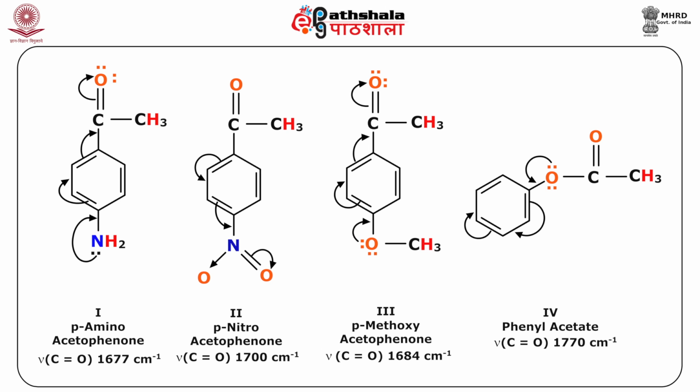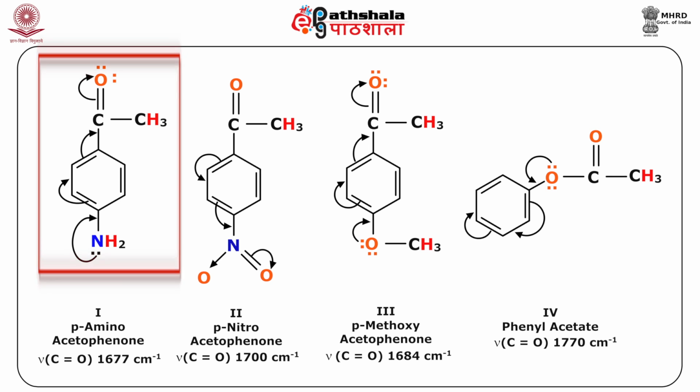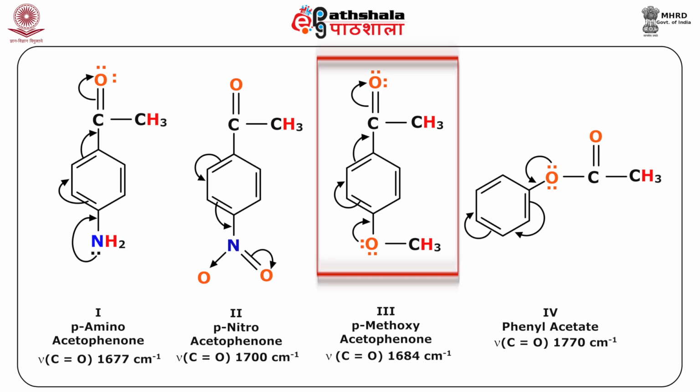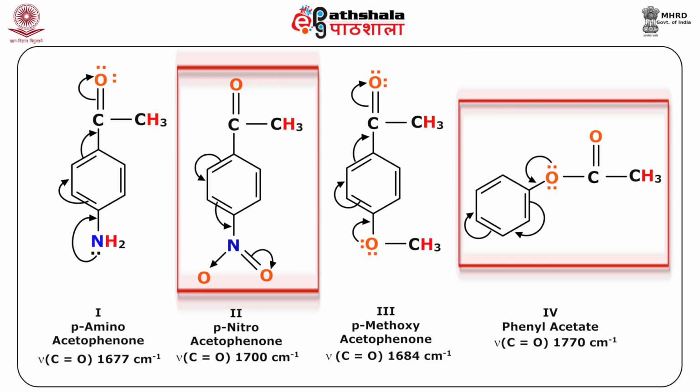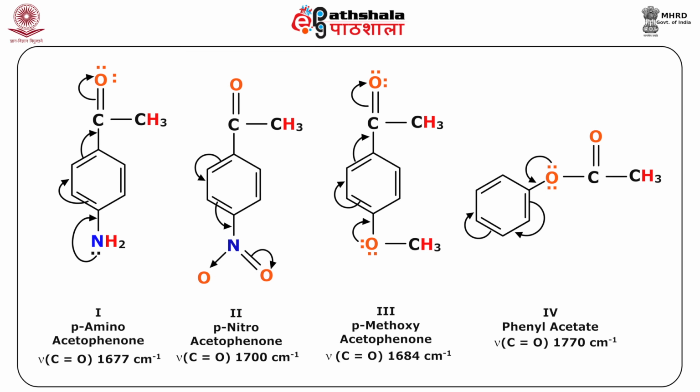Thus, in compound 1, CO stretching frequency absorption occurs at lower value compared to that in compound number 3. Now, in compounds 2 and 4, inductive effect dominates over mesomeric effect, and hence absorption takes place at comparatively higher frequency values. Now, coming to the last, that is the ortho substitution.